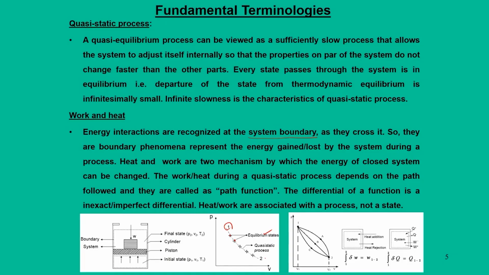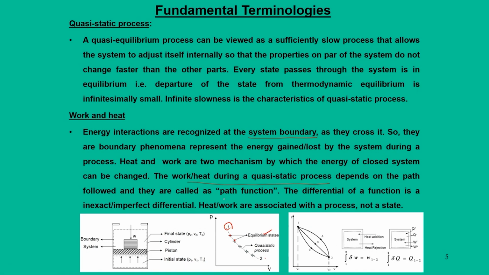Again, another important point is that the work and heat during a quasi static process depend on the path they follow. For example, in this process, if the change of state happens from 1 to 2 in a quasi static or equilibrium states manner, we can say that there is a path followed, and this path can be completely specified, and through this process there is an interaction, either heat or work.